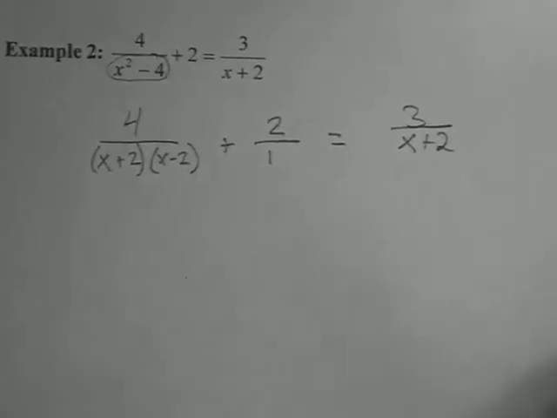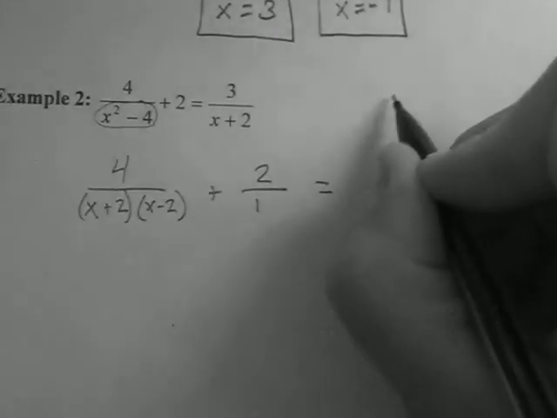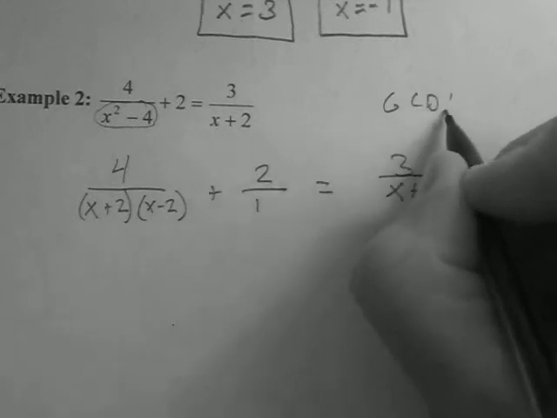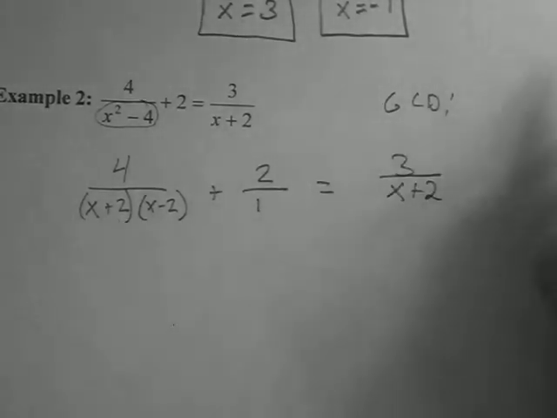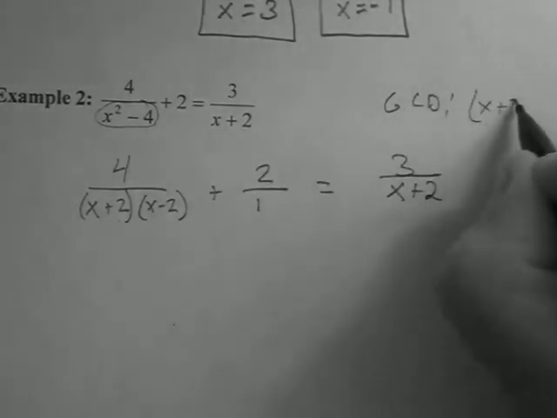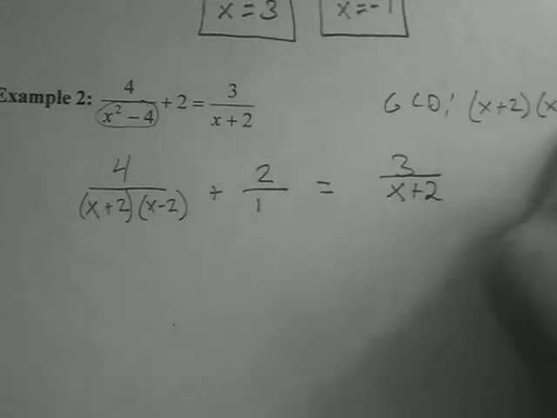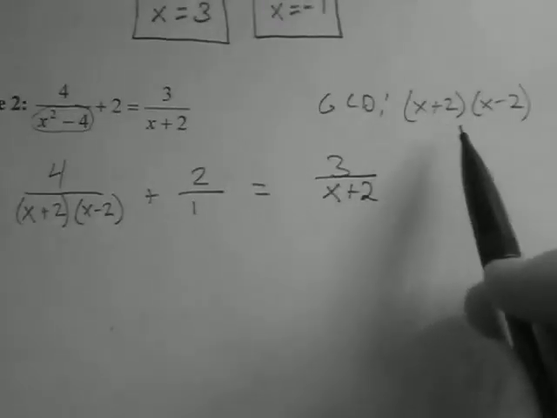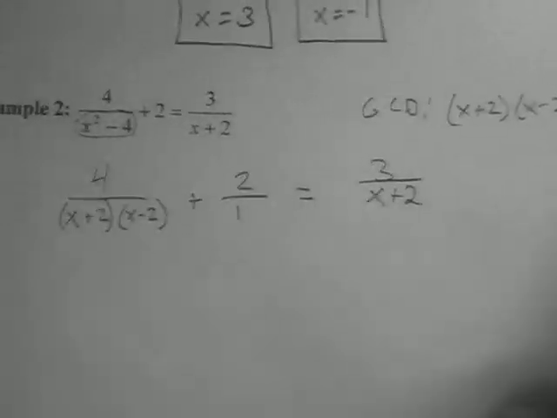And if I am going to state my greatest common denominator for this problem, it's going to be x plus 2 times x minus 2. This is what I'm going to have to multiply every term in this equation by.